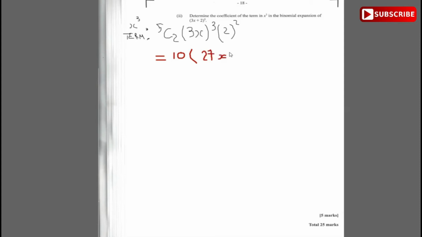And then 2 squared is 4. So then 4 times 10 is 40. Let's work out what is 10 times 27 times 4. 10 times 27 times 4 is 1080. So we get 1080x cubed.